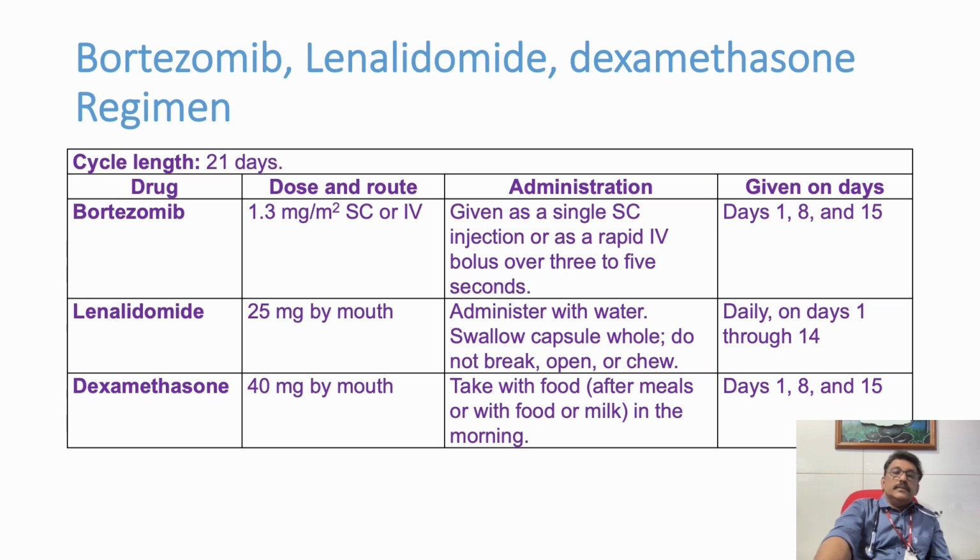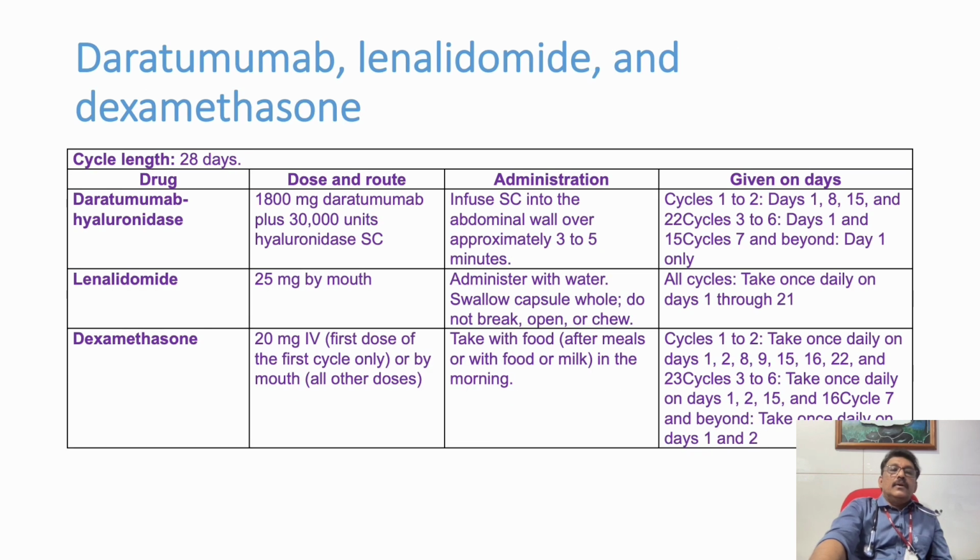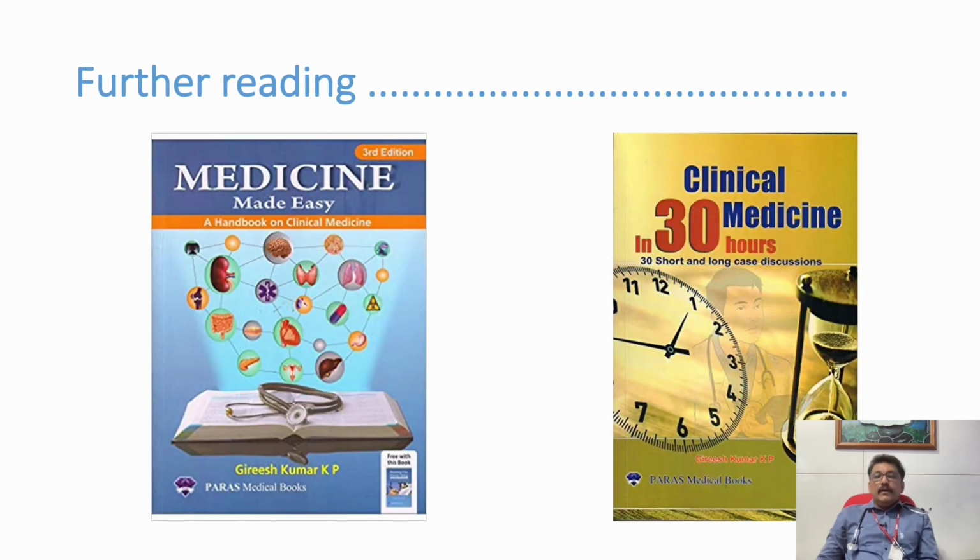Alternative regimen: daratumumab, lenalidomide, dexamethasone. So that is an alternative for the previous regimen, but 3 drug regimens are given. Cycle length is 28 days. So we have discussed one of the important hematological conditions, multiple myeloma.